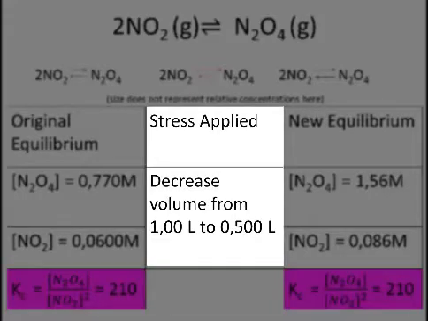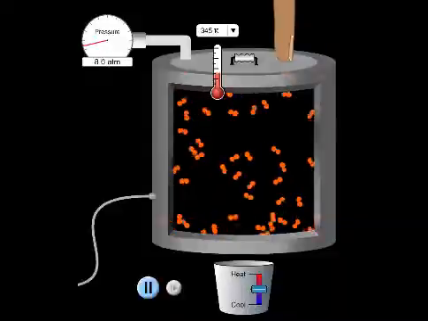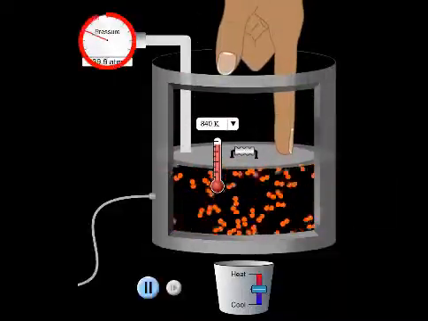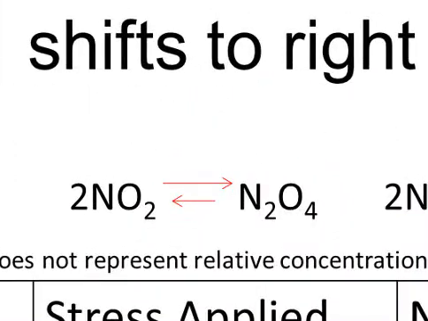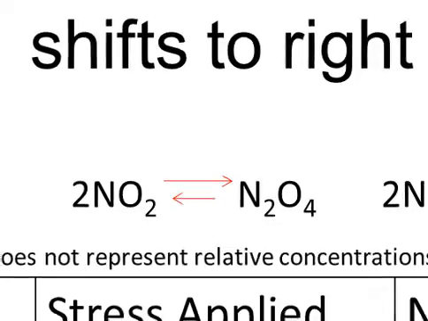Again, the Kc value of the original and the new equilibria are identical to one another. The stress involved was a decrease in the volume and therefore an increase in the pressure of all the gases involved. What did that cause? It shifted the reaction to the right, favored the forward reaction during the period of time when the reaction was not in equilibrium. Why did it do that?